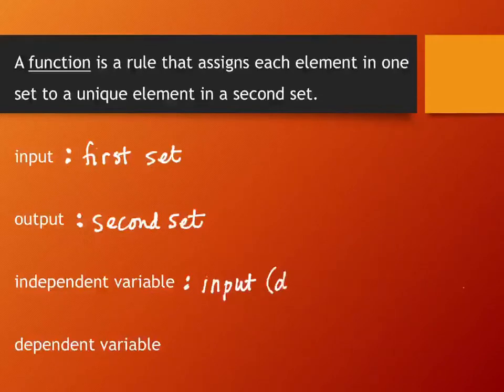It's also called the domain. And most of the time we use the variable x. That's kind of our default. The dependent variable, because it depends on what the input is, is our output. It's called the range.